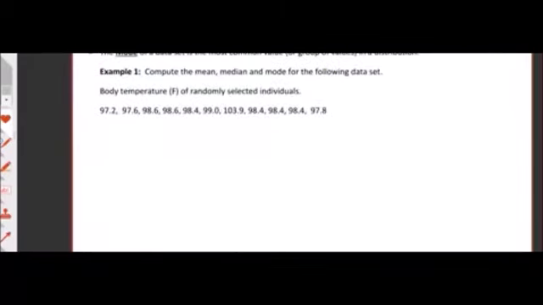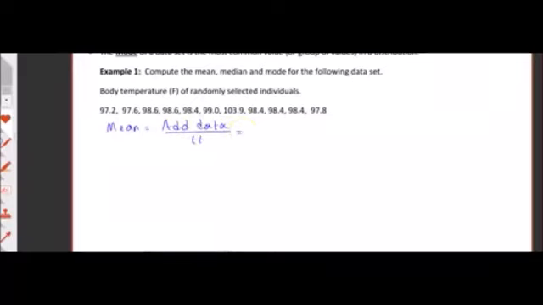So here's an example, and I have a data set that represents body temperatures of randomly selected individuals. So it appears I have 11 pieces of data. So if I want to calculate the mean average, then what I'm going to do is add up all those pieces of data, and I'm just going to divide by 11 because there are 11 pieces of data.